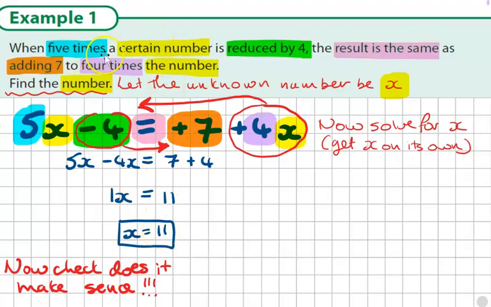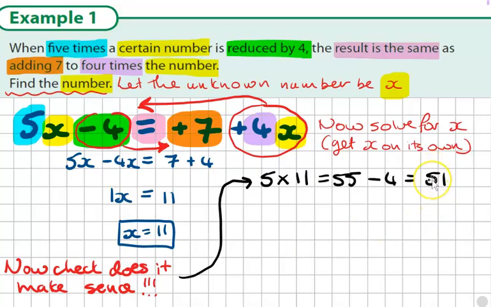Let's work out the first part. 5 times 11 is 55. Now we reduce that by 4, and we get 51.